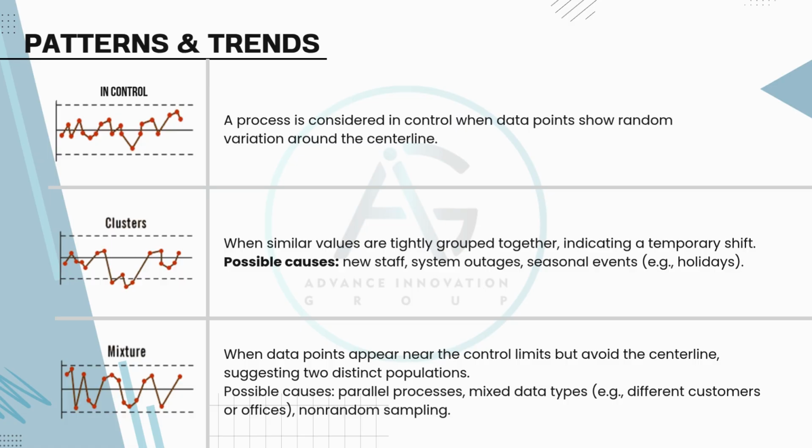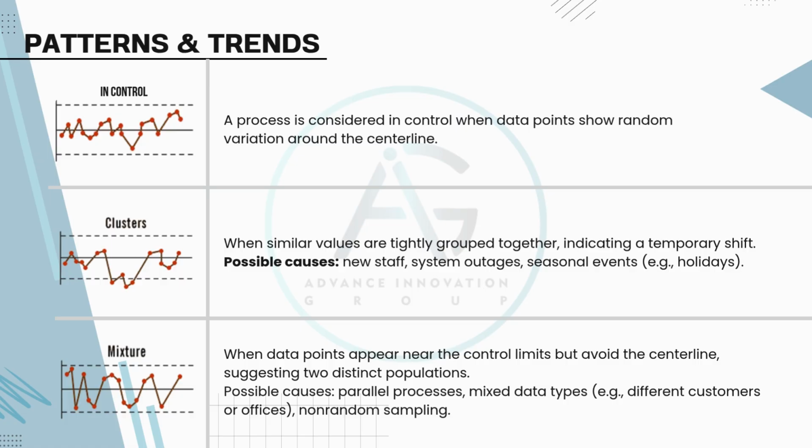Mixture. In this case, data points tend to avoid the center line and hover near the control limits, suggesting two or more distinct data populations. This could mean different processes are being lumped together or data is coming from diverse sources.